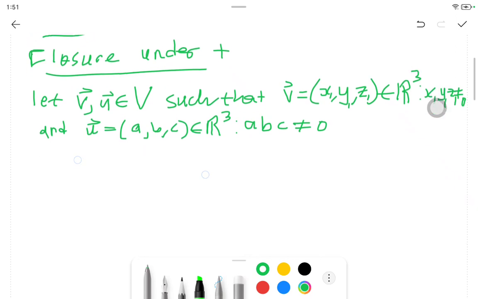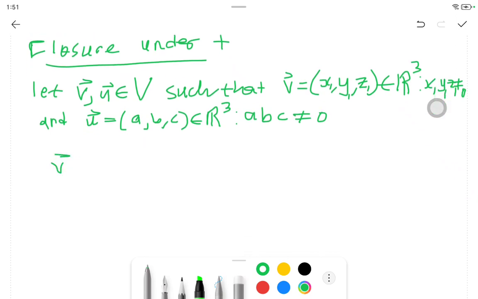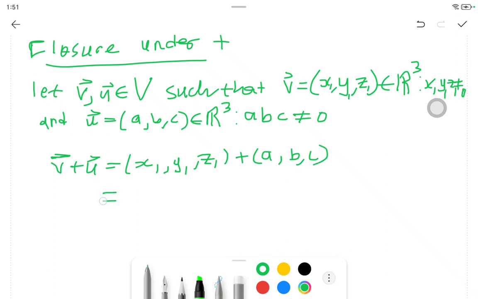When I have this, I can come and add them just to check closure. (x1, y1, z1) plus (a, b, c) will be equal to (x1 plus a, y1 plus b, z1 plus c).